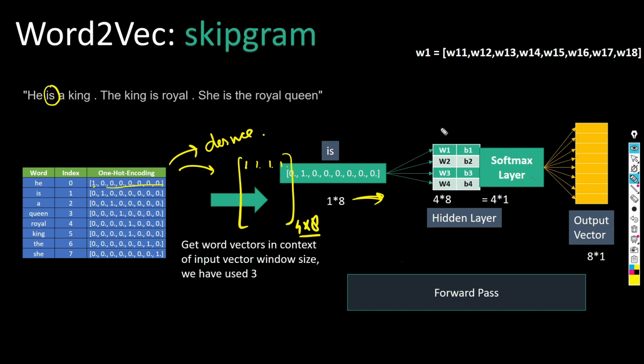If you increase the weights over here, like if you put w5, w6, then you are going to get 6 cross 8, so you are going to get 6 dimensions. In that way you can manage how many dimensions you want to achieve after applying the skip-gram model. So this is all about skip-gram modeling.